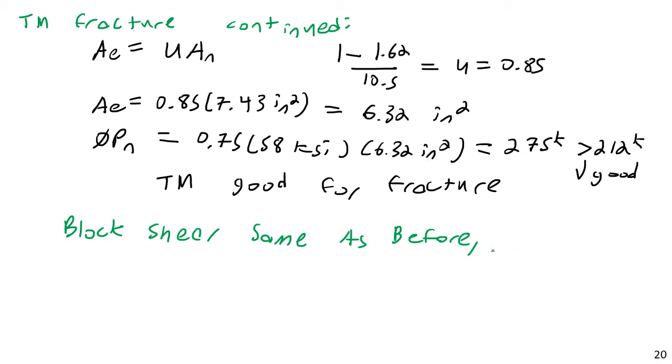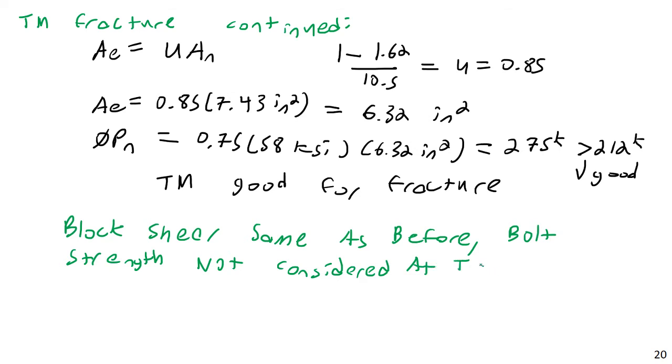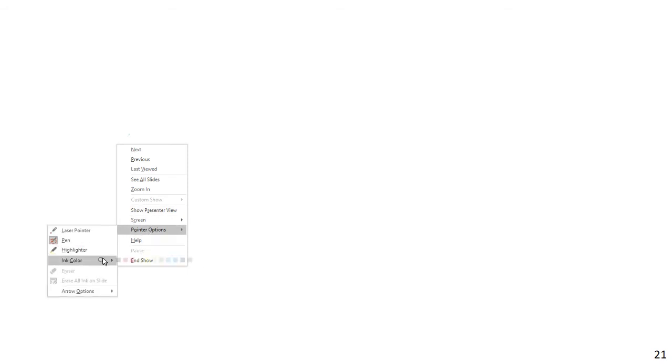So block shear is the same as before, and bolt strength is not considered at this time. So next we'll move on to looking at the connecting element. Let's look at the connecting element limit states with staggers.